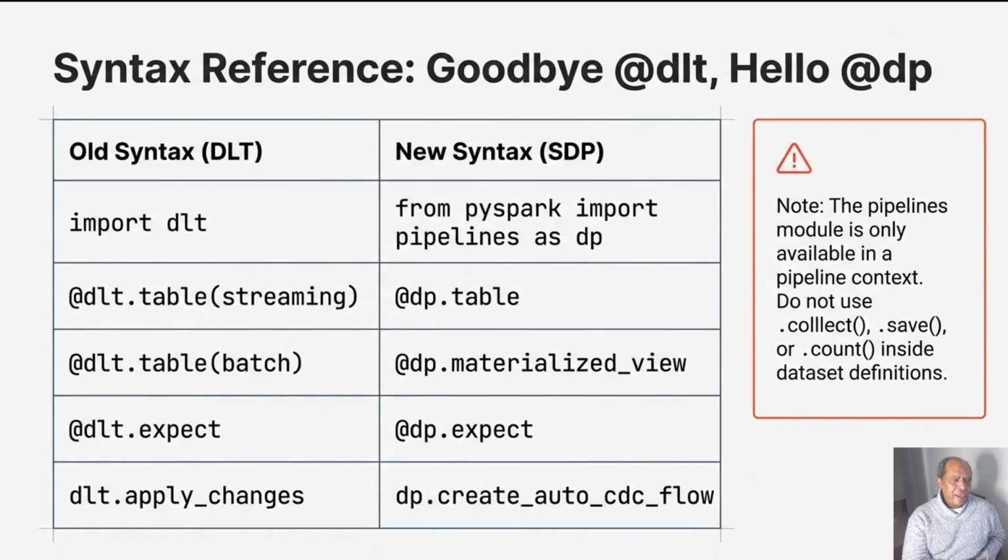And then the streaming is the same. The batch is different. The batch now uses materialized view, and the quality is the same, but the CDC is now dp.create_auto_cdc_flow.